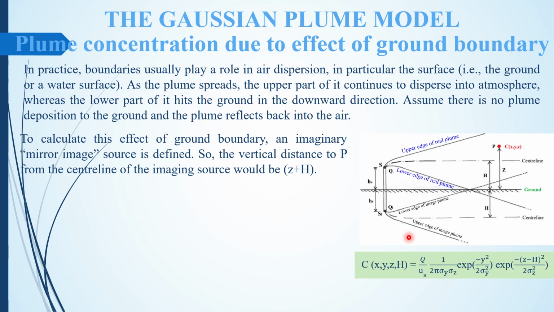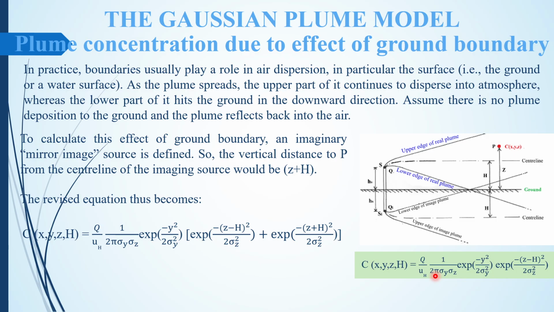This equation we have derived earlier, I just wrote it here. So what modification is required? We have to add to this equation the same term but with z plus h. So the revised equation becomes, this portion will be the common portion, so we take it common outside, and within the bracket this portion comes plus the new term, the effect of the ground boundary, is added.